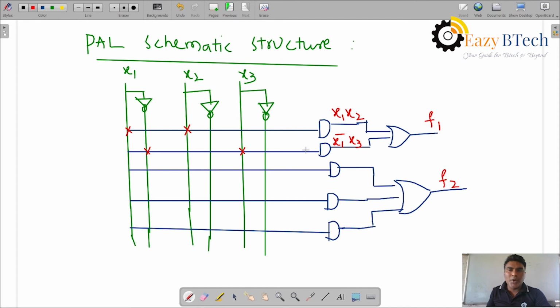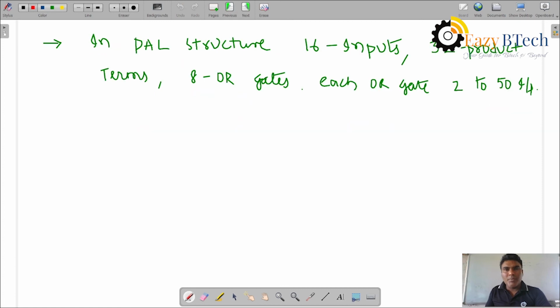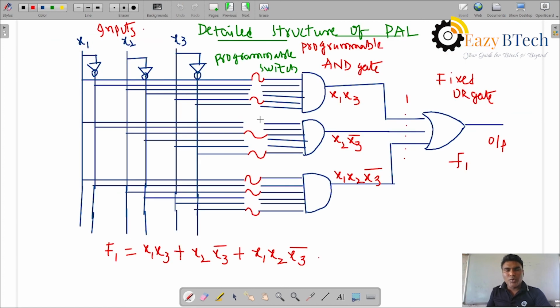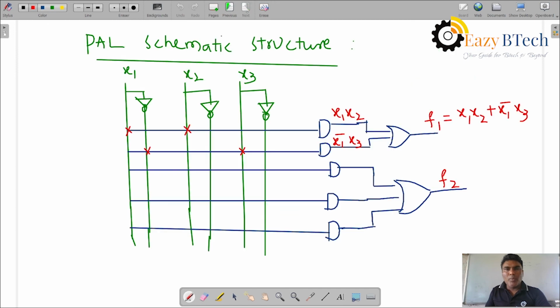So function f1 is equal to the OR of the product terms: x1 x2 plus x1 complement x3, which you connect over here with a cross mark. There are no fuses shown, so fuses would be in detailed information. These are programmably connected switches, so when you are doing a problem, this is the easiest way to represent it.